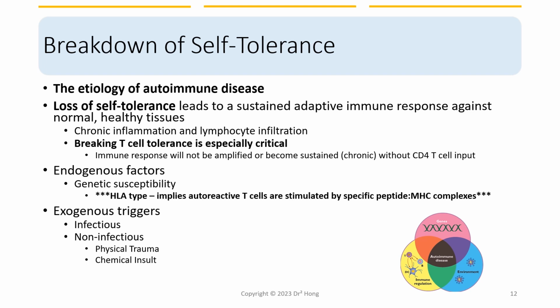There are some endogenous factors that are involved in autoimmune diseases, and sometimes they are linked to genetics, such as having a special type of HLA-II or MHC class 2, which is responsible for presenting the peptide to CD4 T cells. Some types of these MHCs are more prone to presenting self-peptide to CD4 T cells, and also there could be exogenous triggering factors such as infections or physical trauma or chemical insult.